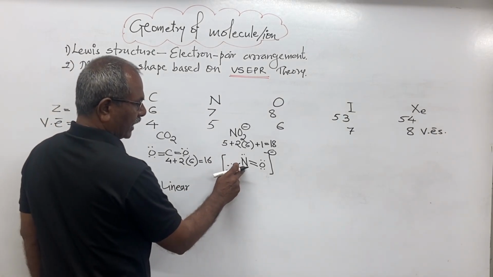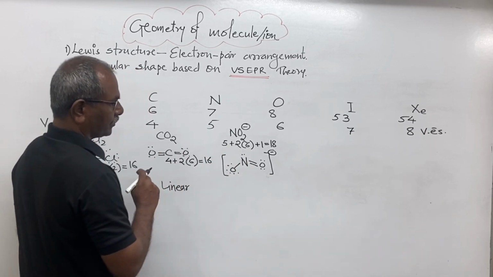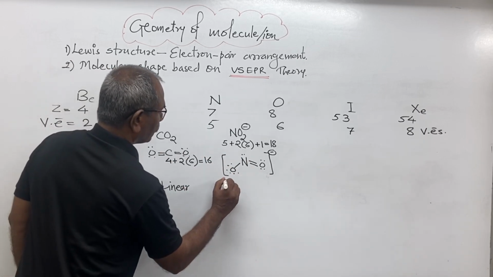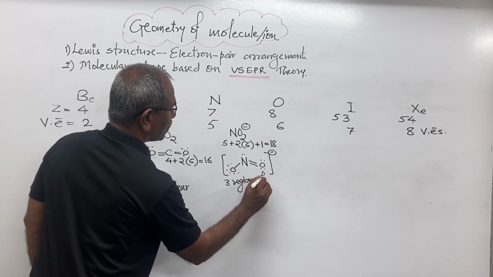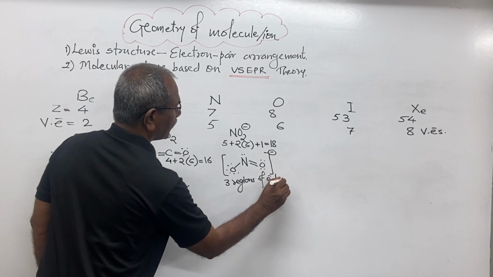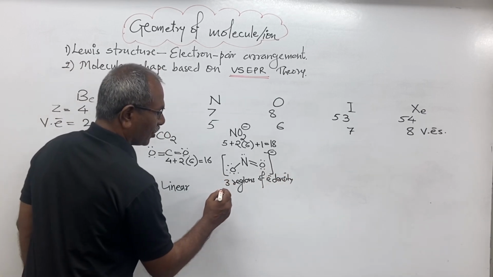So nitrogen's electron domain regions are 1, 2, 3. So there are 3 regions of electron density. So we can say that it has a trigonal planar electron geometry.